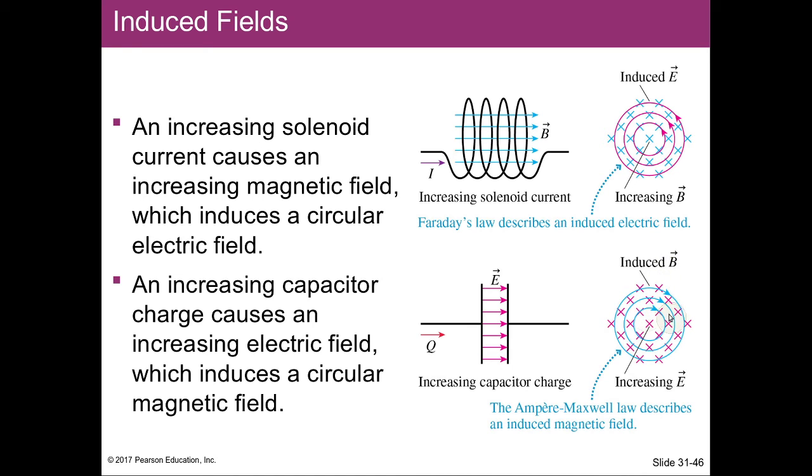And note the direction of each of these. For each of these we can apply the right-hand rule and you can figure out the direction, right? We've done that with the right-hand rule: which way does the current go, which way does the field point, and then which way is the induced electric field, so that it causes a back EMF, right?